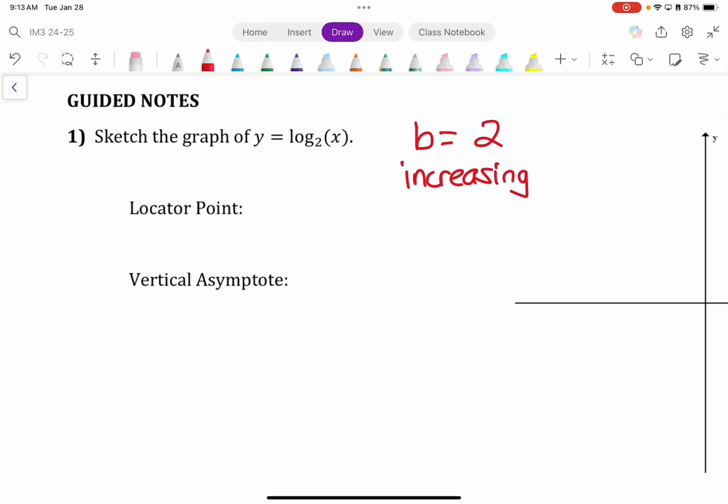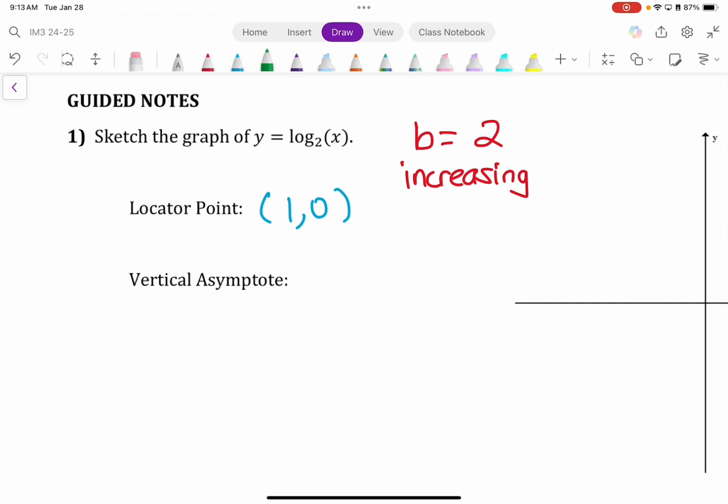All right. Next, you have your locator point. So the locator point for an exponential function used to be (0, 1), but because this is the inverse, we flip it. Instead of (0, 1), now we write it backwards. We write it as (1, 0). So your locator point will be the point (1, 0).